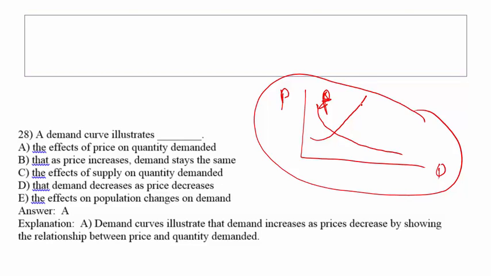And this would be market equilibrium. This would be a surplus. This would be a shortage, right?